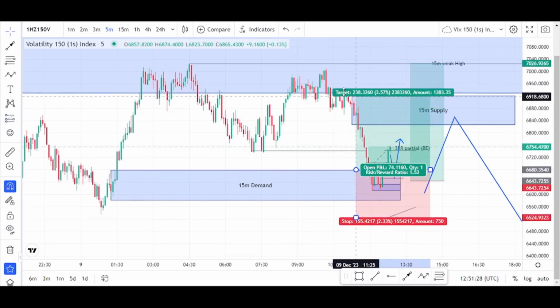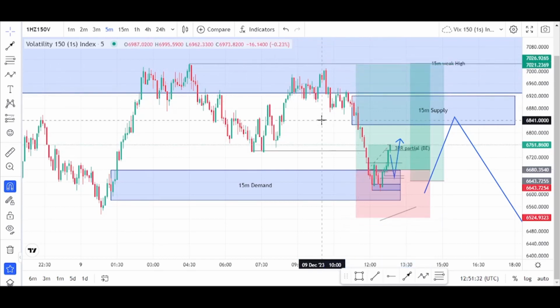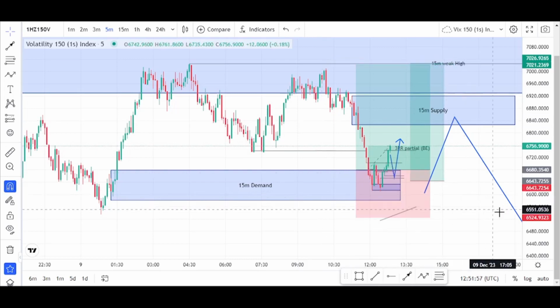Because with this kind of setups, if you have a good strategy, you increase your win rate when you are taking entries at a higher time frame. A strategy or system that has a higher win rate has a lower risk to reward ratio, and one that has a lower win rate has a higher risk to reward, just like mine.